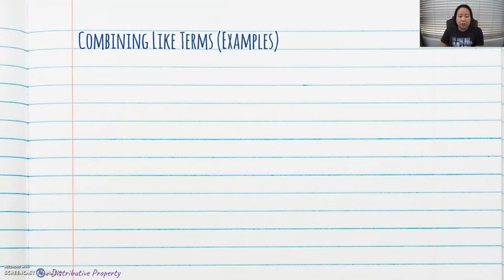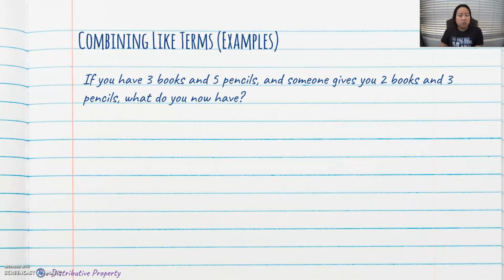Before we start with the actual algebra part, just to make sure that we understand the idea of combining like terms, we have these scenarios. If you have 3 books and 5 pencils, and someone gives you 2 books and 3 pencils, what do you have now?